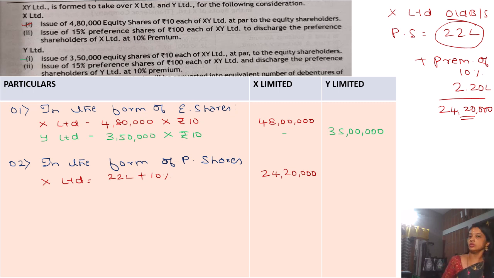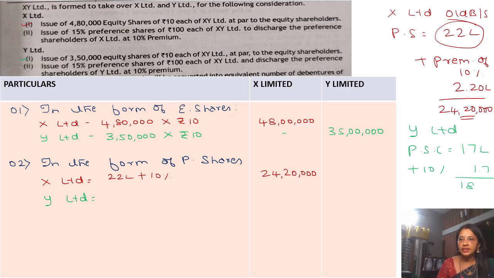Similarly, for Y Limited, if you look at their old balance sheet, preference share capital is rupees 17 lakhs. So if you add 10% premium, 1.7, you get 18 lakhs 70,000.